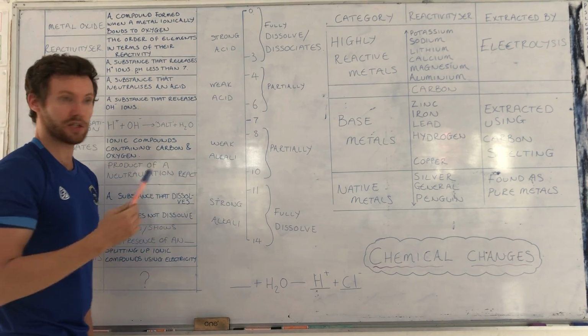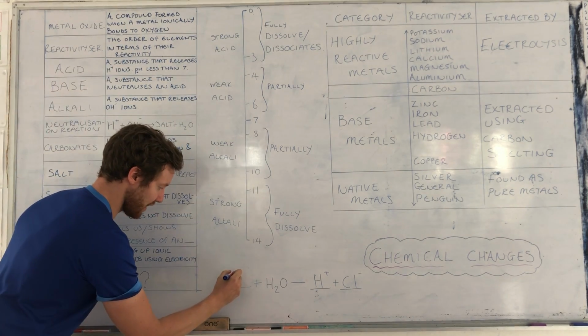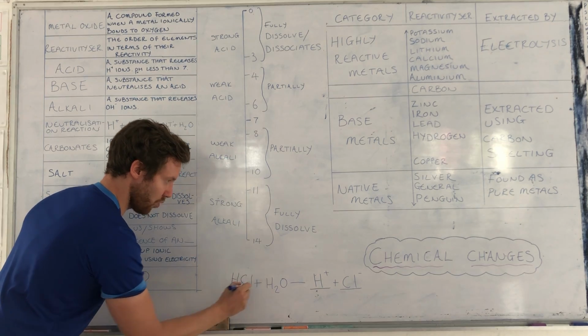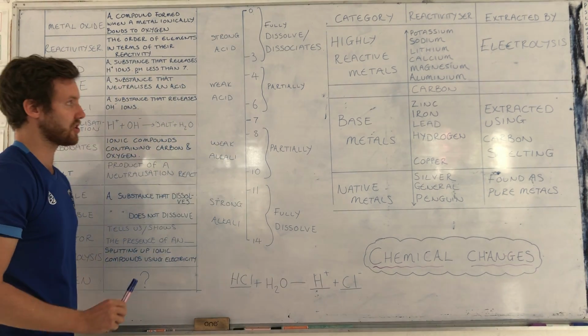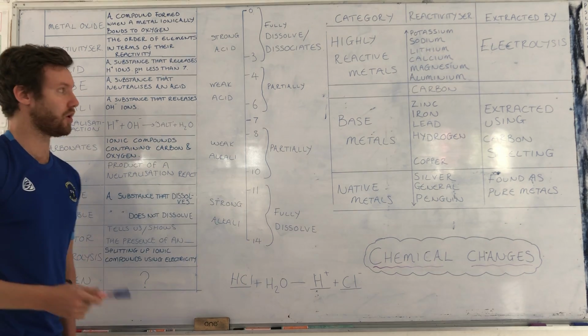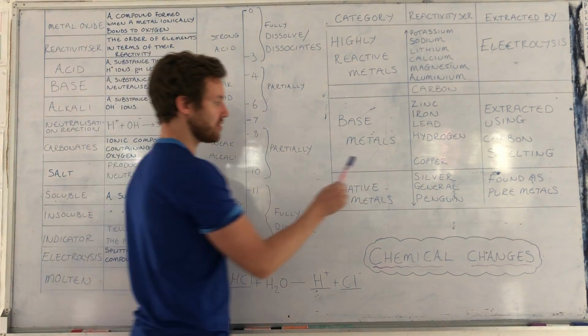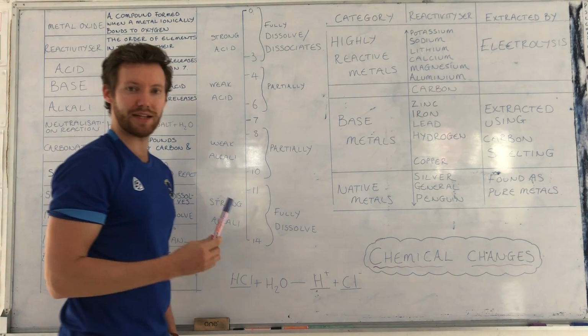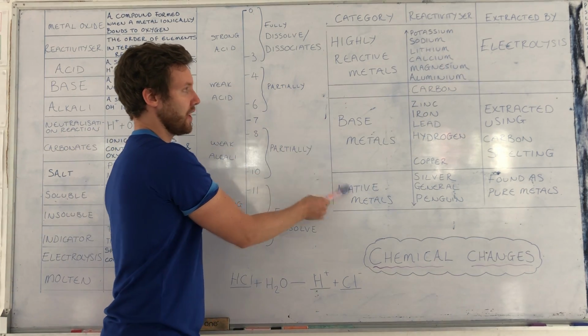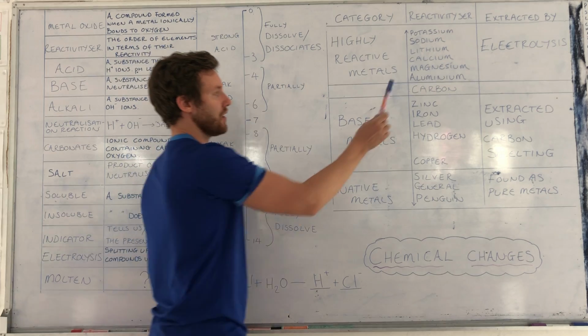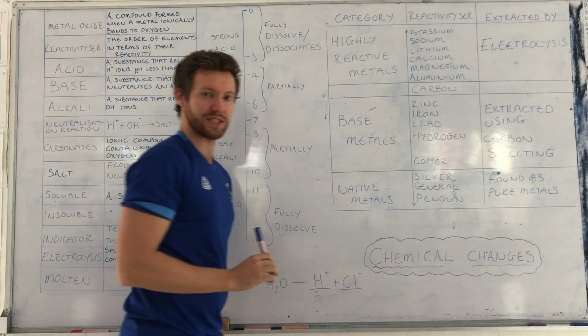I did my research. Strong acid, hydrochloric acid in water, full dissociation. What is happening with our other things we have here? And finally, we used our key rhymes to identify the categories of these metals and how they can be extracted.